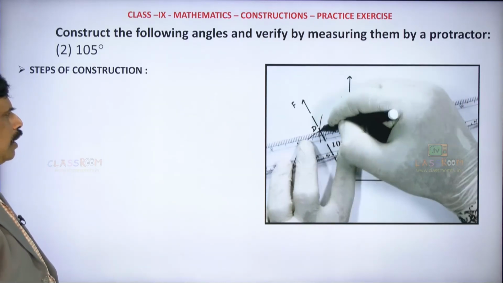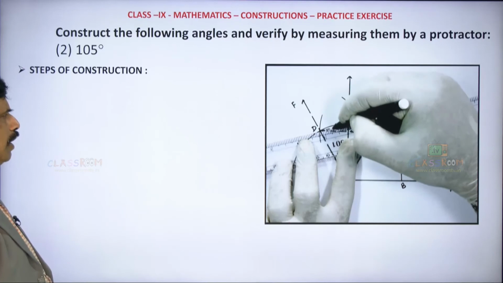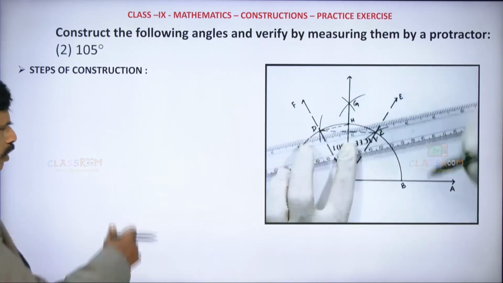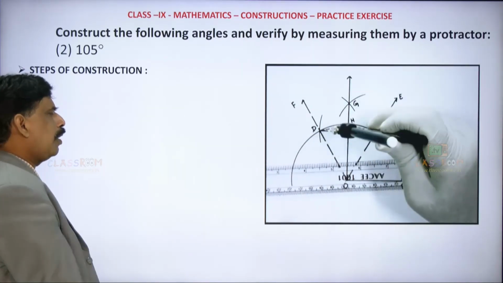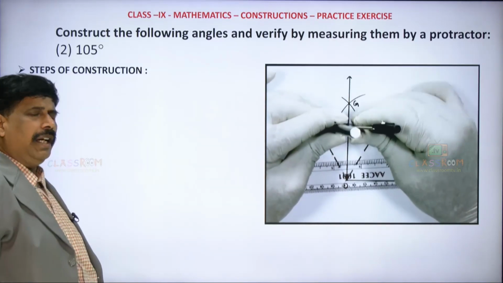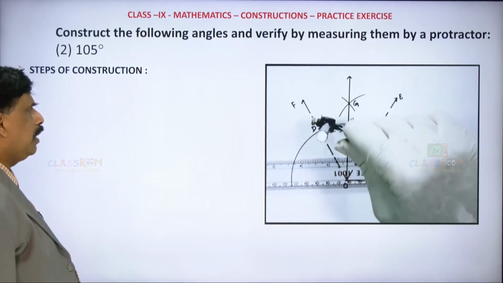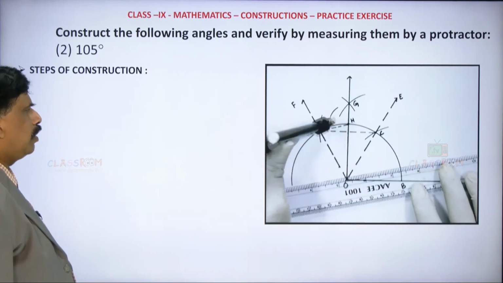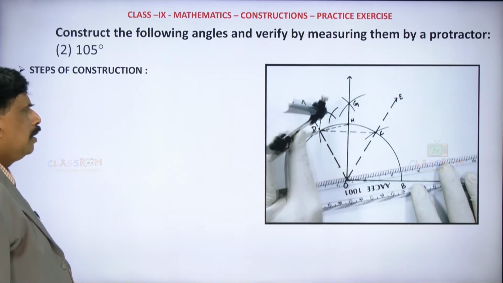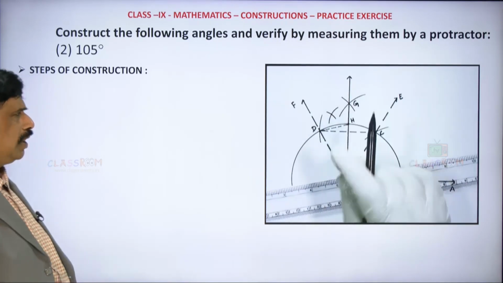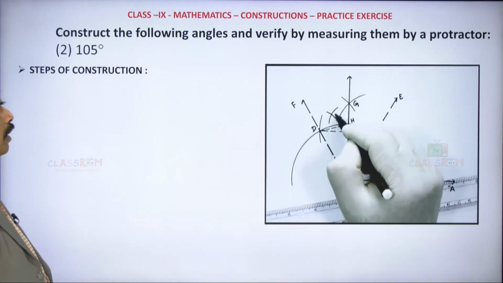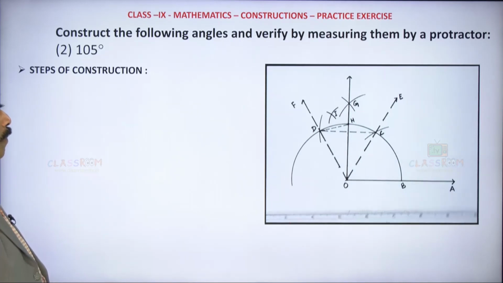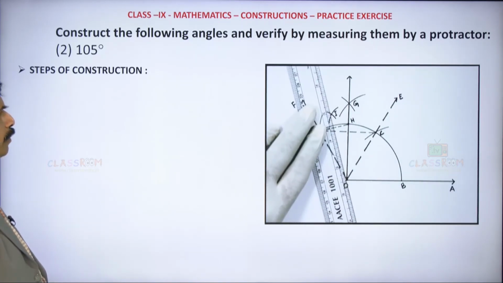Now join H and D, because this is already 90. 90 plus 15 we wanted, no? So take a radius more than half HD. Draw the arcs from H as well as from D. These two intersect each other at I. Now join OI.